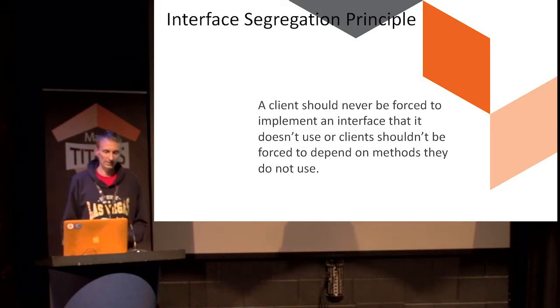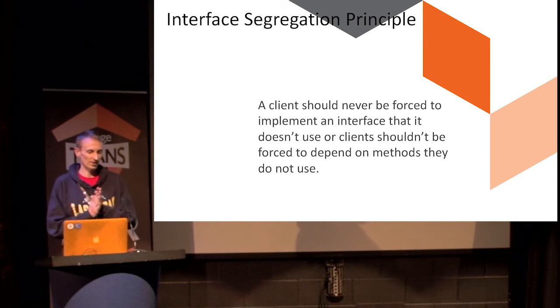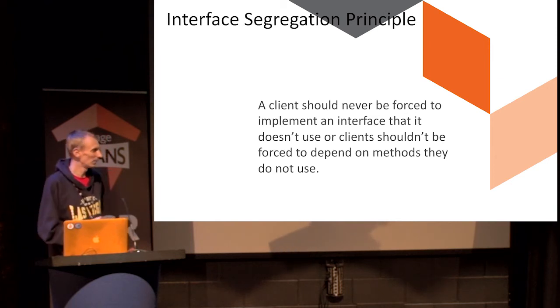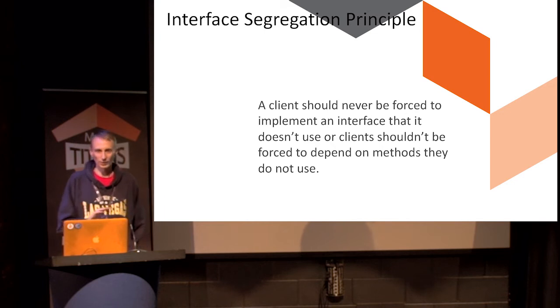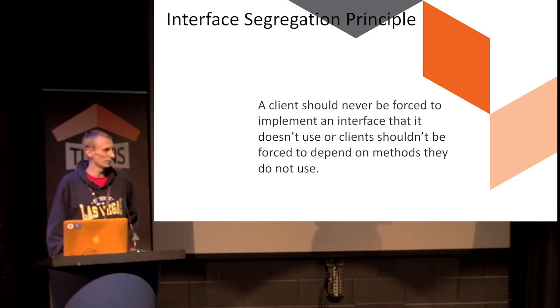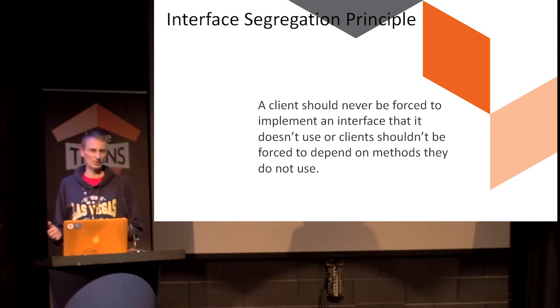And then I looked at the interface segregation principle, which says a client should never be forced to implement an interface that it doesn't use, or clients shouldn't be forced to depend on methods that they don't use. And this one, I violated a great deal. I looked again at a few of the earlier classes that I wrote, where I knew that I had to use an interface, so I built an interface for a class, but it contained everything.